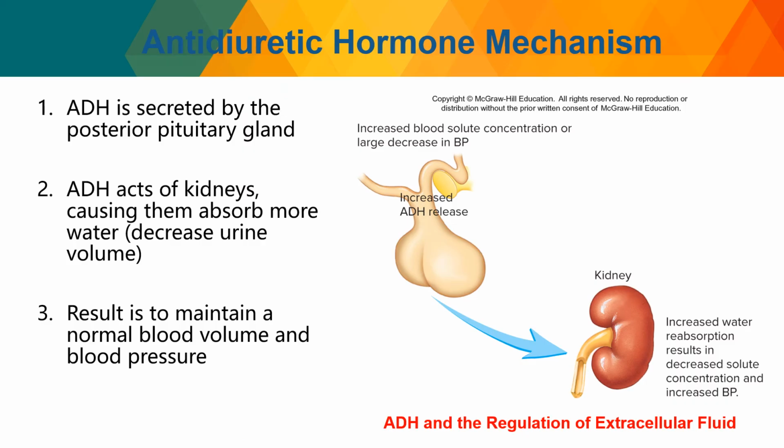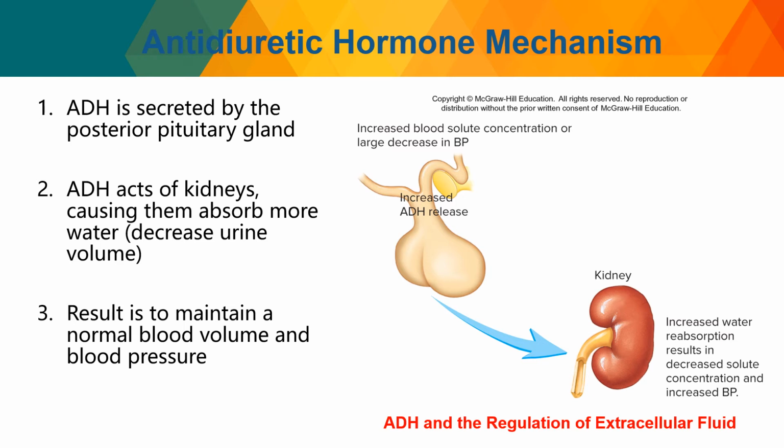With the antidiuretic hormone mechanism, increase of blood solute concentration affects hypothalamic neurons and decreased blood pressure affects your baroreceptors. As a result of this stimuli, the posterior pituitary secretes your ADH, which increases water reabsorption by the kidneys.